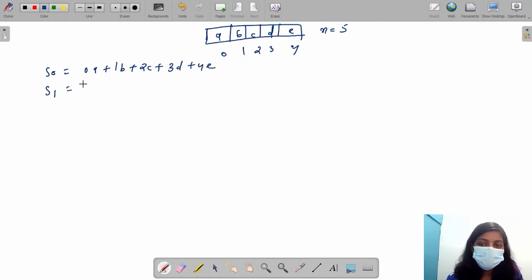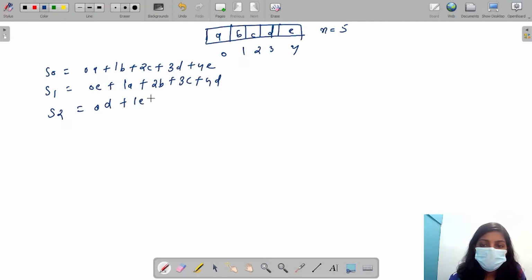Now again here my sum after one rotation will be equal to what? 0E 1A 2B 3C plus 4D, right? For S2 it will be equal to 0D 1E plus 2A 3B plus 4C.